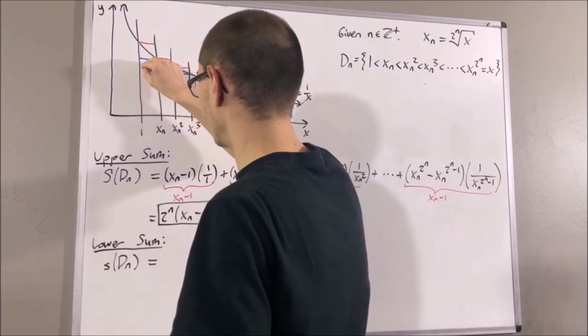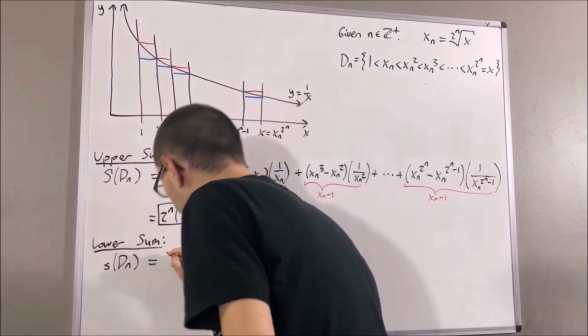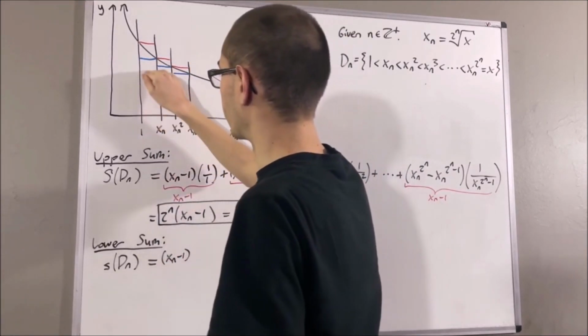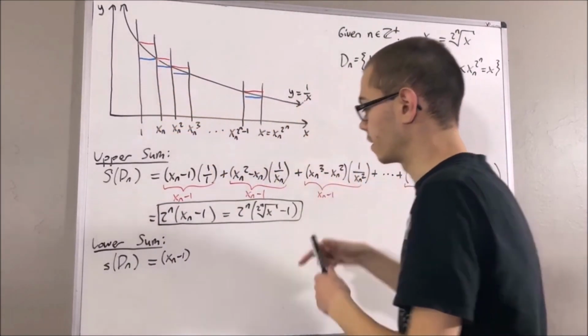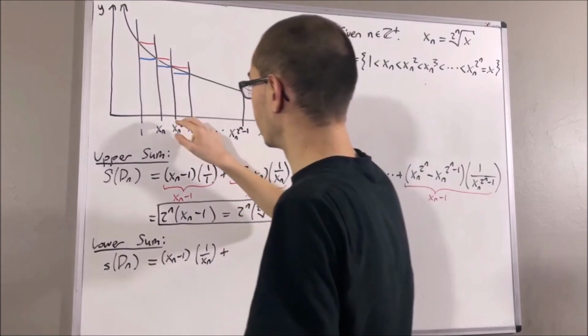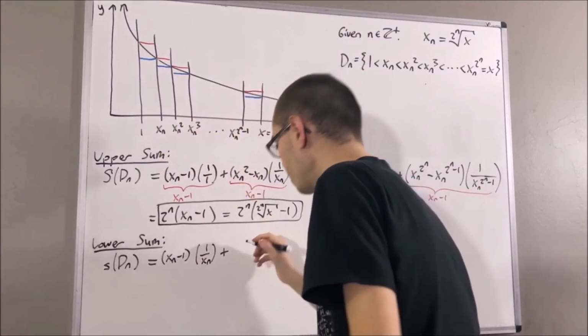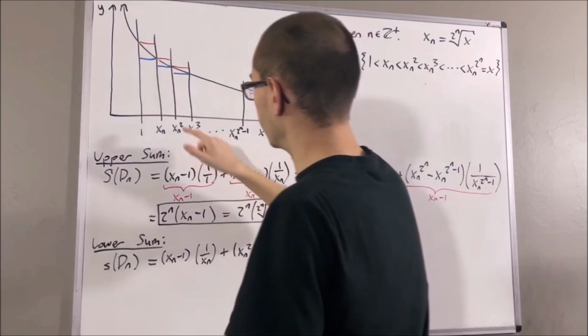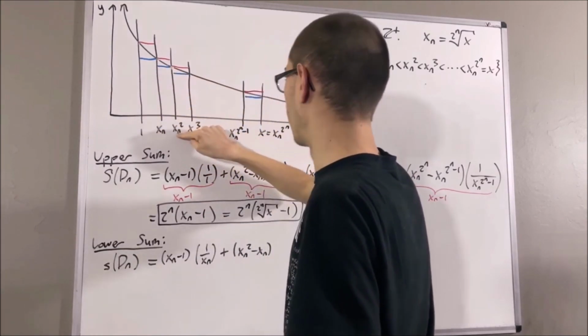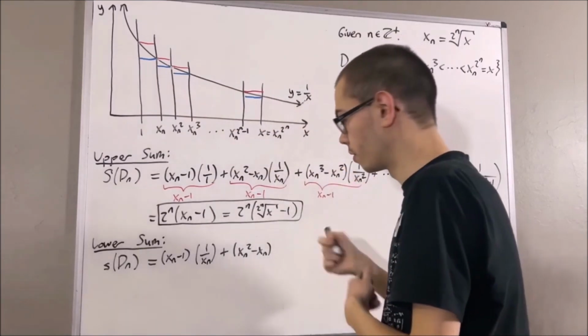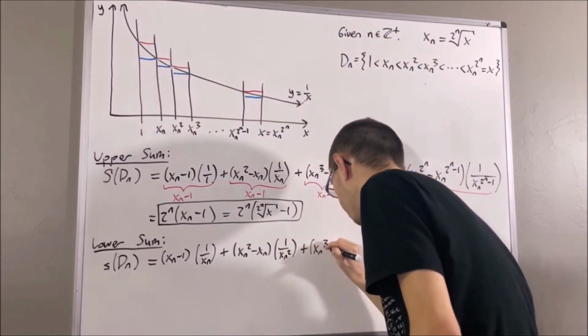For the first rectangle, the width is x_n minus 1. The height is the output value at x_n, which is 1 over x_n. As for the second rectangle, the width is x_n squared minus x_n. The height is the output value at this point, x_n squared, so 1 over x_n squared. And we keep going.